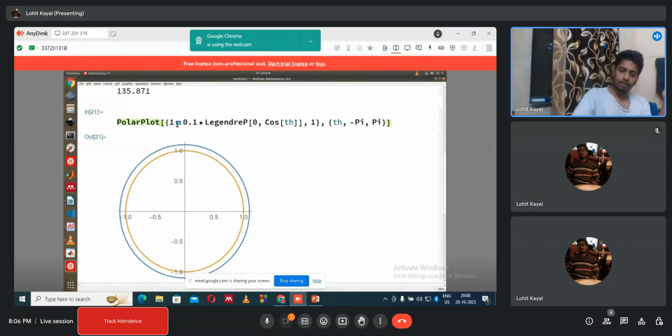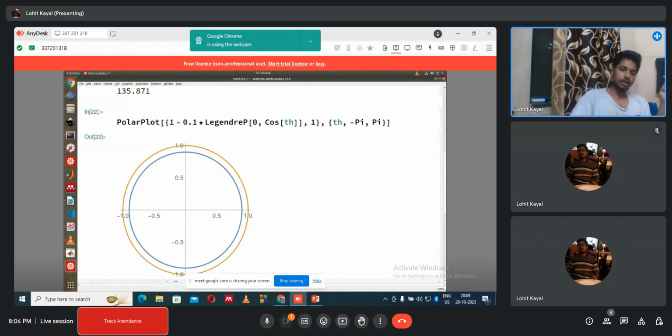Now, if I put a minus one, then this volume will shrink and you can see that. Okay, so these are some perturbations that we have used on the sphere. And we can solve the problem entirely from linear theory when your initial perturbation is small.